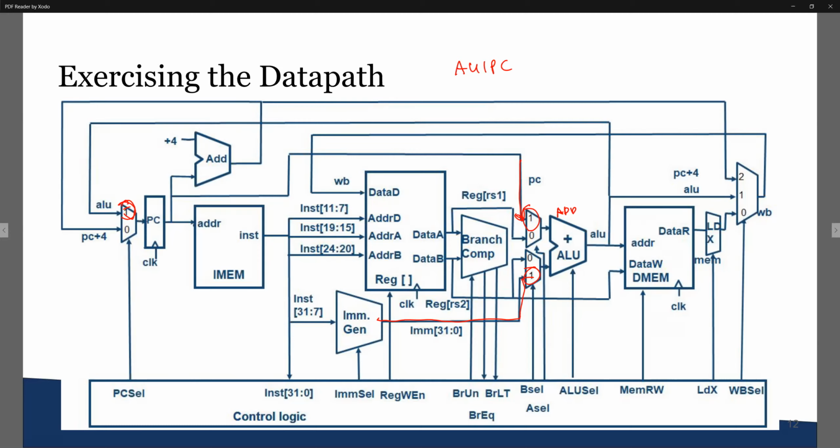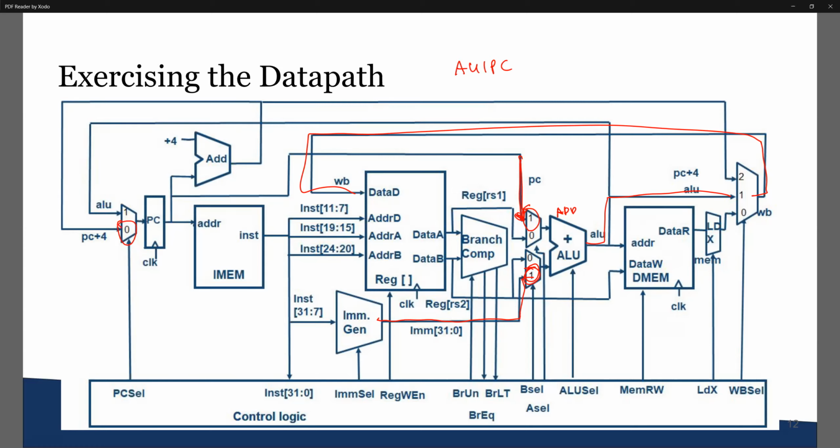No, but AUIPC should be storing PC plus upper immediate to RD, right? This is what should happen. Isn't it just adding it to the PC? Yes, it's adding the PC plus immediate, but then the result goes to the register. I see, we're writing a register. We're not changing the PC, because you only change the PC if you're doing a jump or a branch. Okay, yeah. So this is actually a 0.